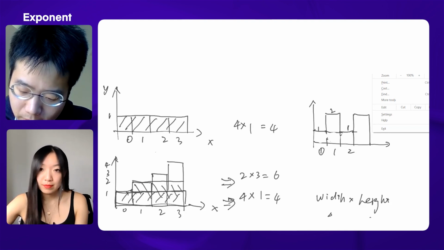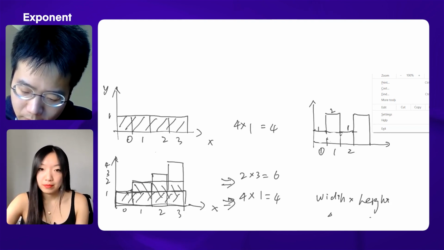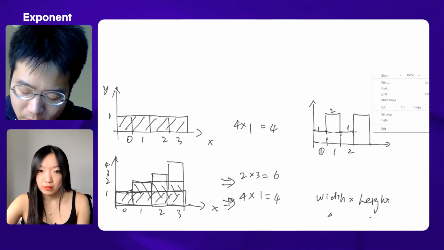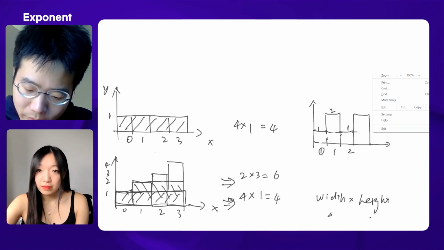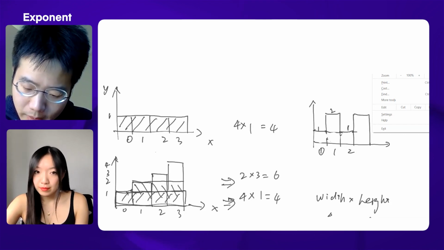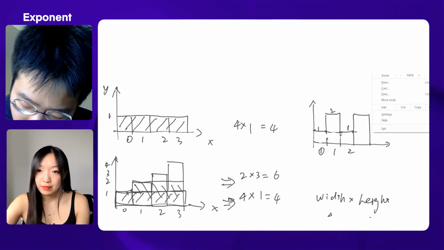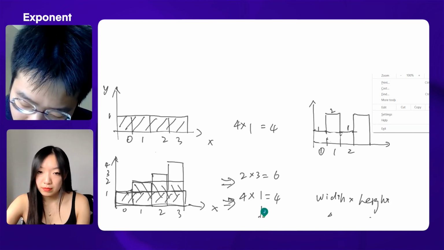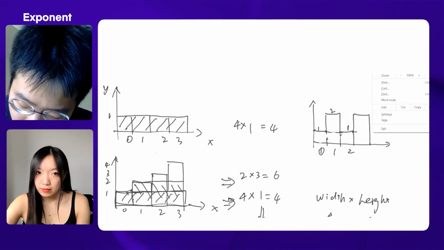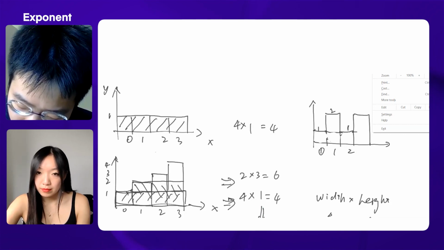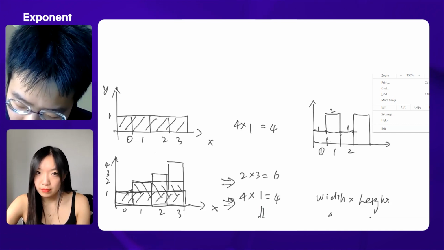Here the width is 4, the height is 1, which is the minimum of the two integers at the sides.